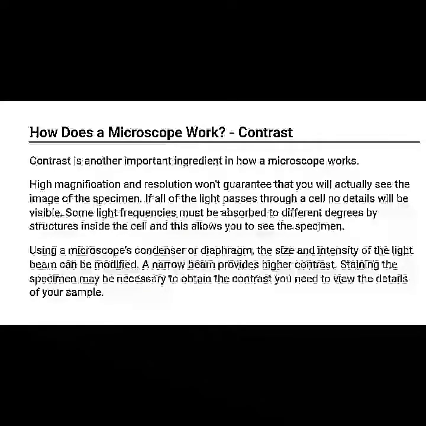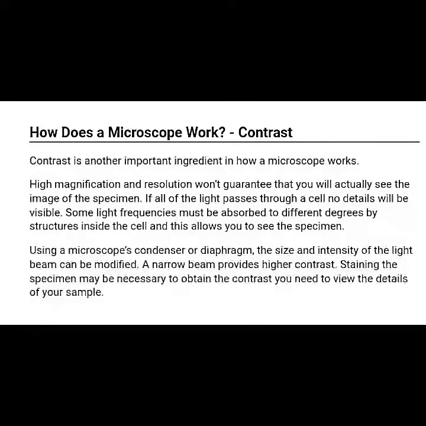Contrast. Contrast is another important ingredient in how a microscope works. High magnification and resolution won't guarantee that you will actually see the image of the specimen. If all of the light passes through a cell, no details will be visible.